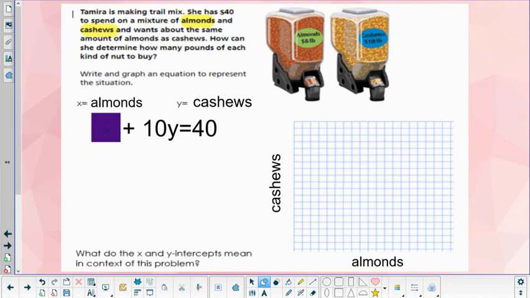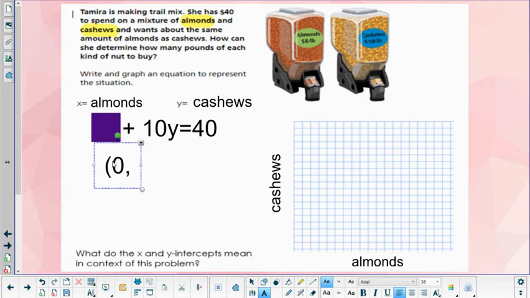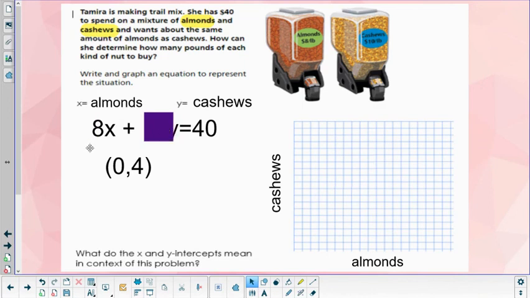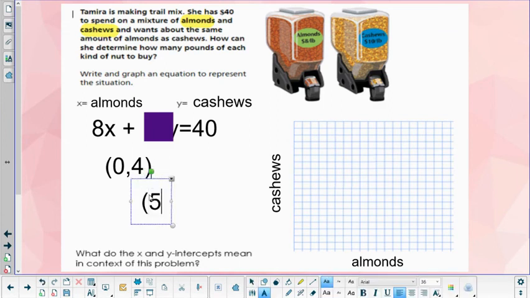So when my x value is 0, if I divide both by 10, my y value is going to be 4. 0, 4. Okay. And then if I move my box and cover up this side, I'm taking 40 divided by 8, and I get 5. And so my other point is x value 5, y value 0.